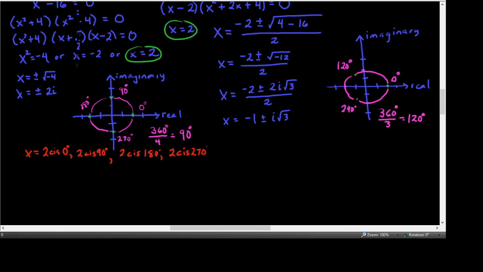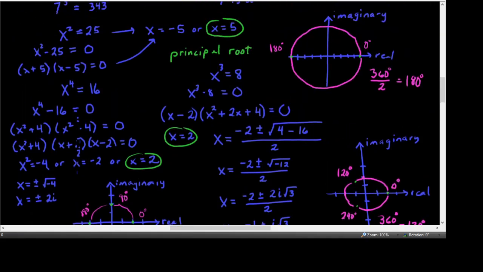Okay, this is looking pretty good. When I talk about how to find these, examples will be of great benefit. These answers in rectangular form, 5 and -5, are going to be 5 cis 0 degrees and 5 cis 180 degrees.